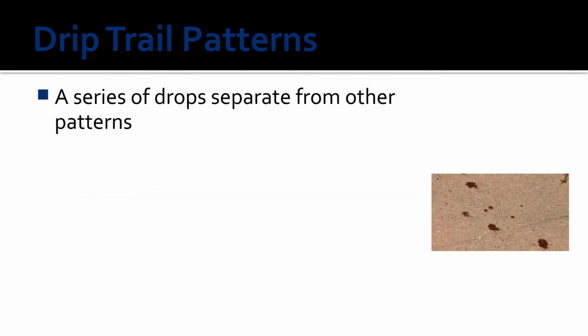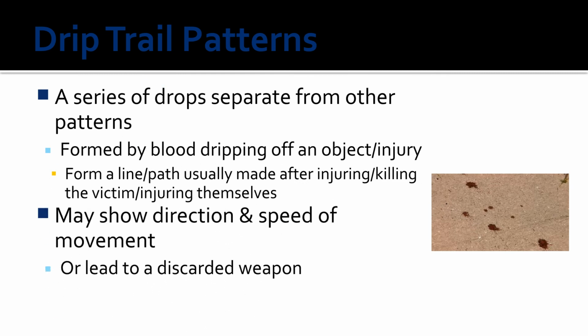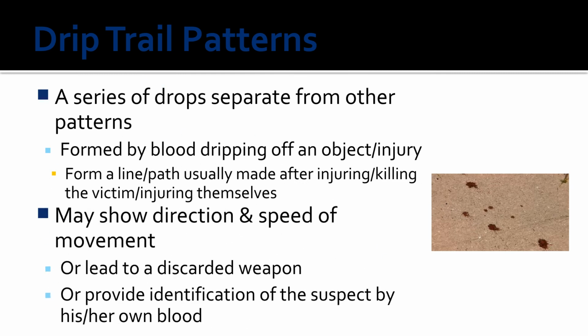Another pattern is known as the drip trail pattern, and this is a series of drops separate from the other patterns. They're formed by blood dripping off of an object or an injury. They tend to form a line or a path, usually made by the individual who was injured. Injuring the victim or injuring themselves can also cause these drip trail patterns.